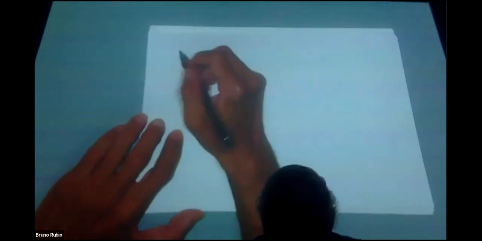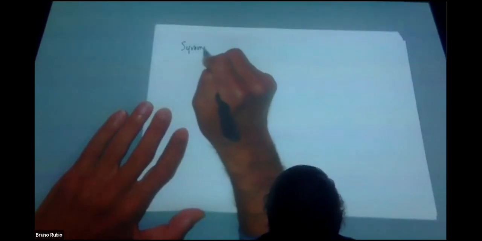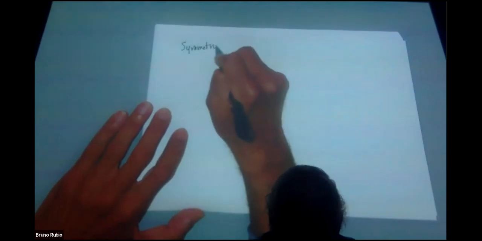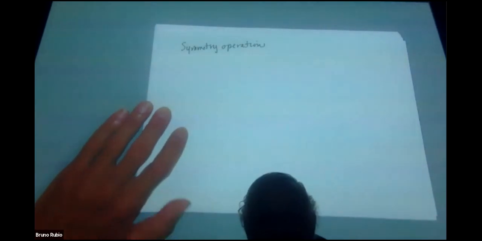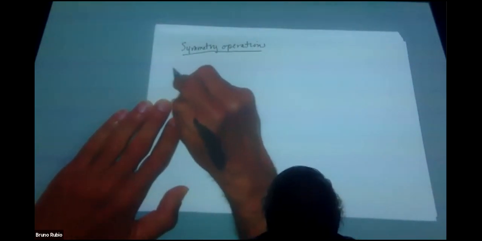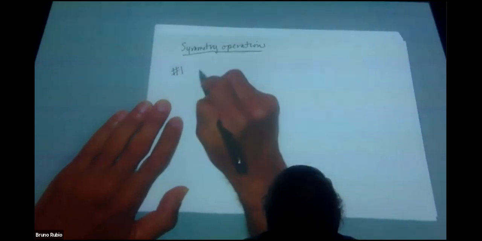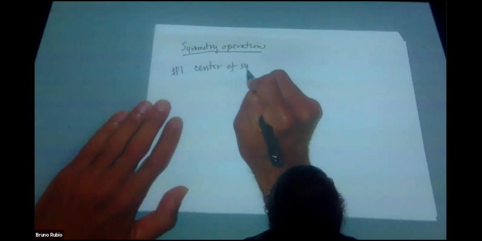And that application brings up the symmetry operations or the symmetry elements. And we're going to be dealing with three symmetry operations. Okay, the first symmetry operation is the center of symmetry.